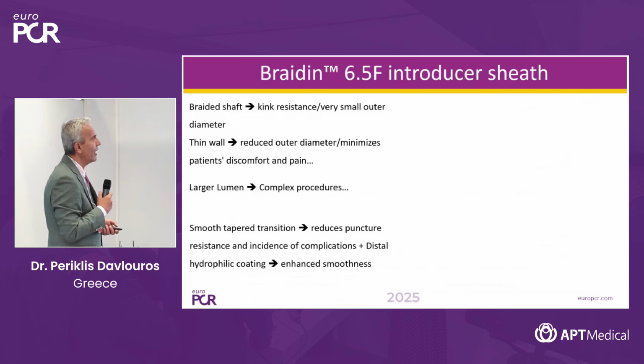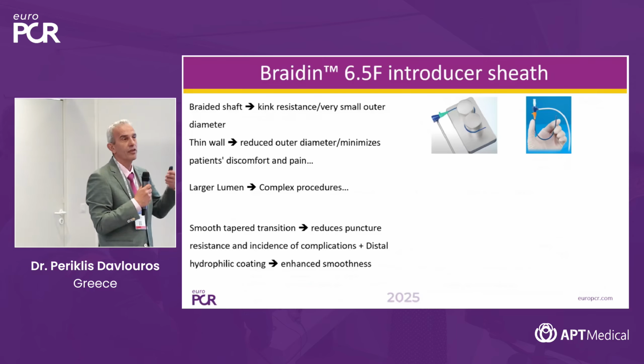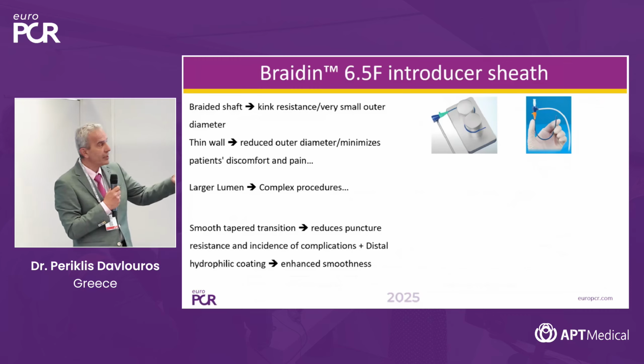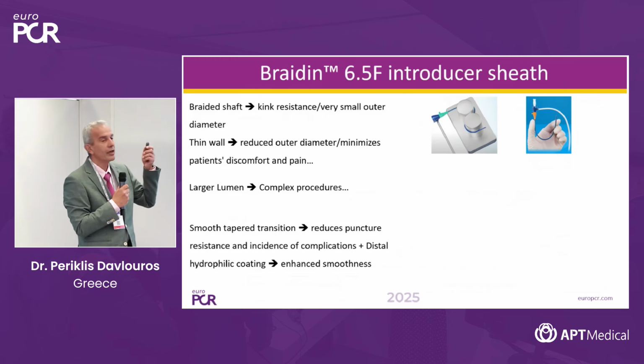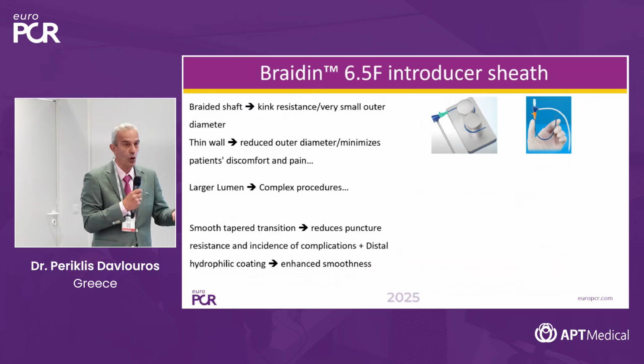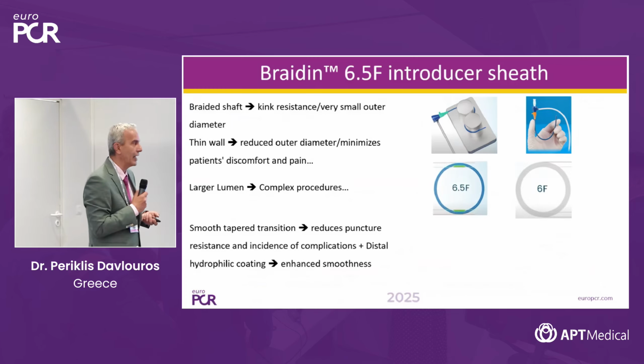So what we have here is a strong sheath with a braided stainless steel metal layer, which is very flexible and at the same time has kink resistance, but it is also very, very strong and has the possibility to be introduced into the radial artery.